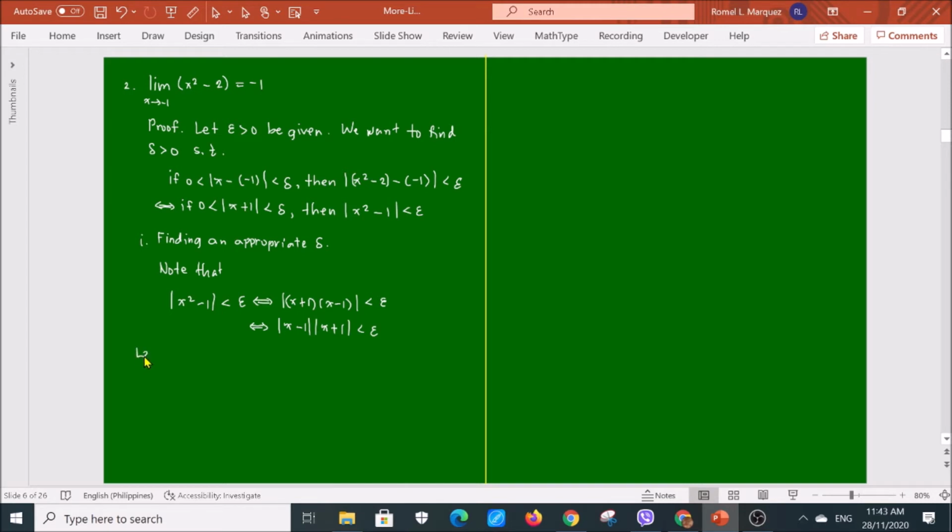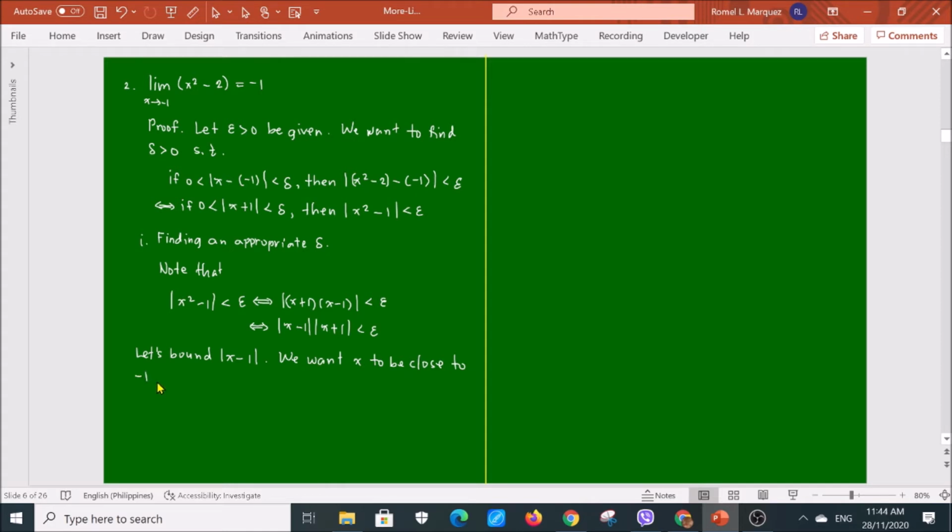So let's bound again. Let's bound the absolute value of x minus 1. This is what we want to bound, no? So again, we want x to be close to negative 1.